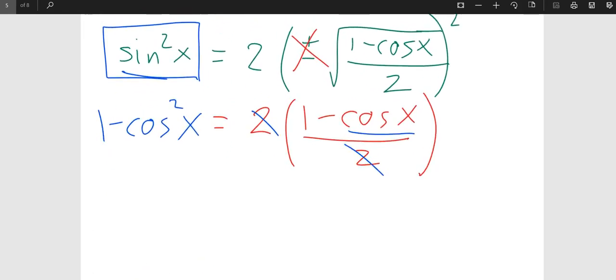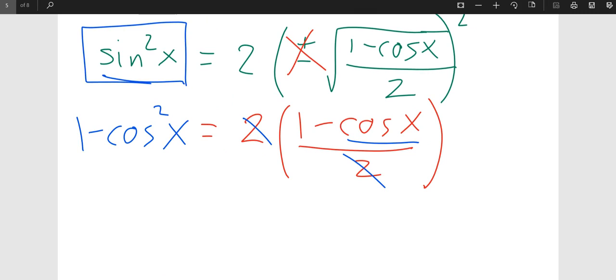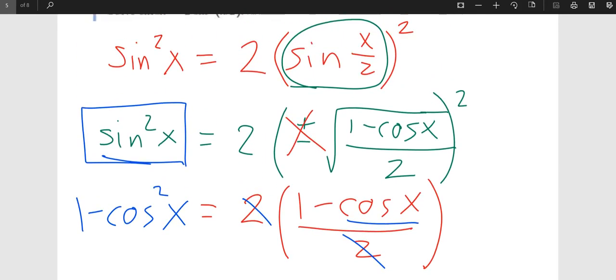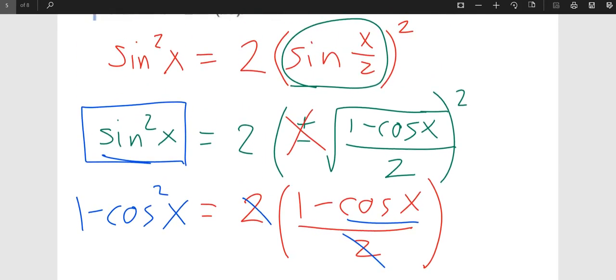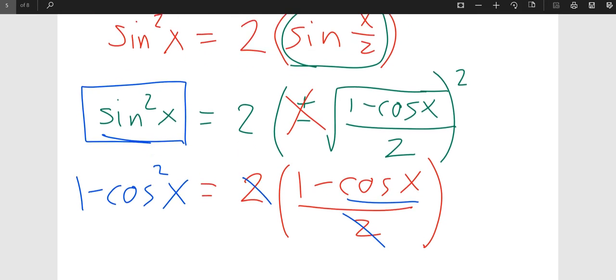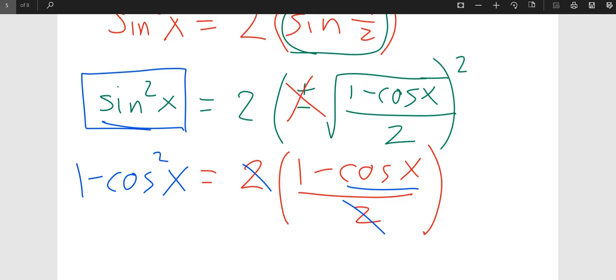I really think we should push everything to one side. A question? Why would you not change it to 1 minus cosine 2x? You mean back in the beginning? You're talking about the power reducing identity.